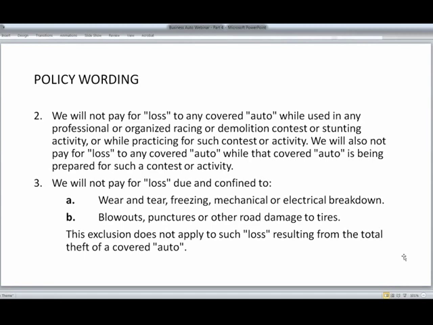So we have two involved: the nuclear contamination, and wear and tear and tires. And we have activities that are not covered, using the vehicle in war or in organized racing. By the way, organized racing is not somebody stopping at the stop sign betting they can get from point A to point B quicker. Organized racing is around a racetrack, around a drag strip, or things that are organized.